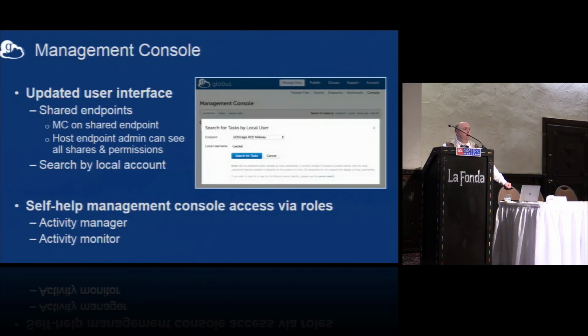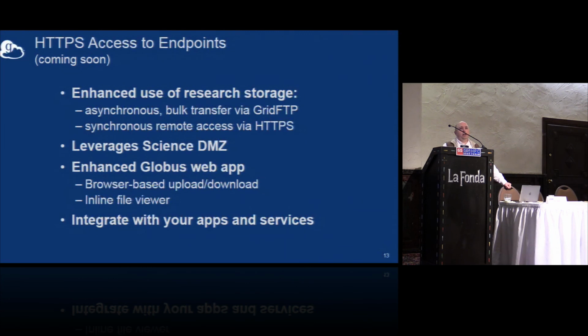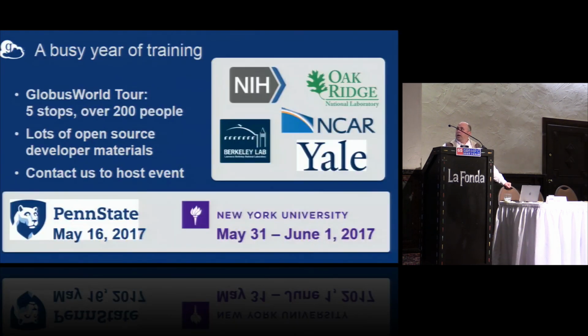And you can also manage who in your organization has access to this management console yourself. So you don't have to go to our help desk and ask them to give Joe access to the management console anymore. HTTP access to our endpoints: a lot of people want to just be able to download from their browser rather than having to have Globus Connect installed, and that's something we are adding in the next couple of months.